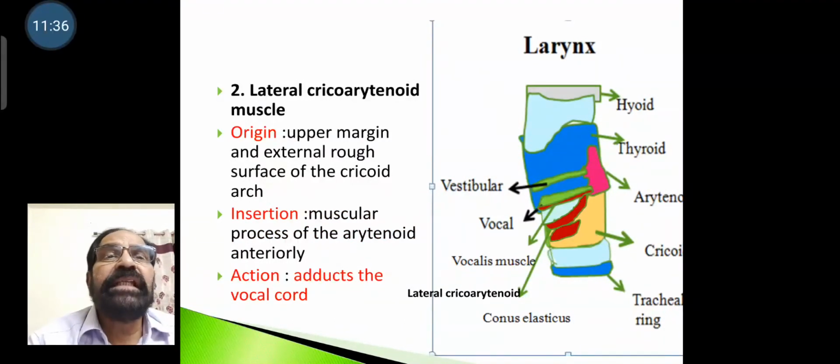Then second muscle is lateral cricoarytenoid muscle. Origin, you can see it is from the upper margin and external surface of cricoid arch. Insertion, it is inserted into muscular process of arytenoid anteriorly, and its action is it adducts the vocal cord.